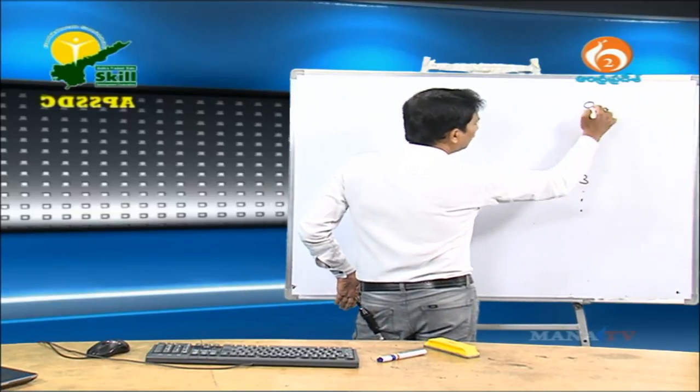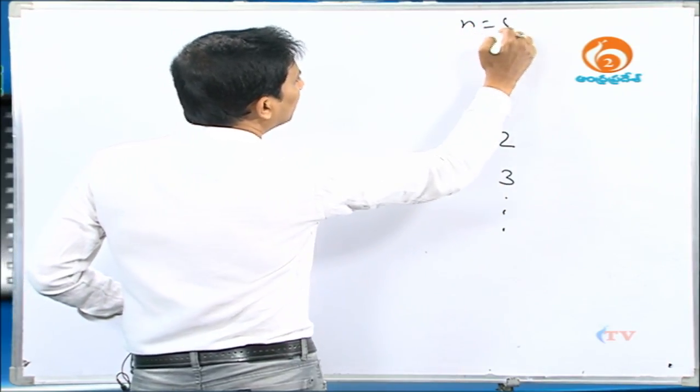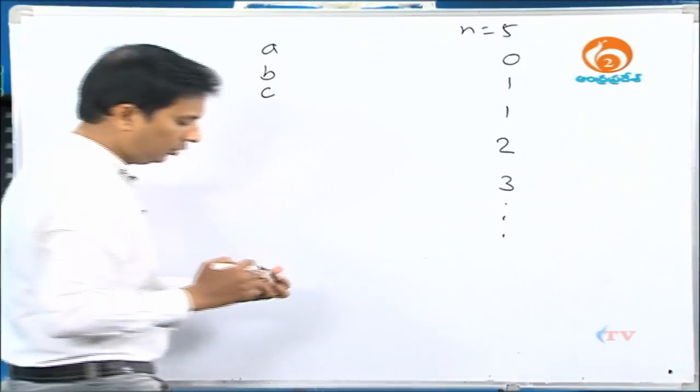How many values? 1 2 3 4 5. So n equal to 5 means up to 3 it has to display.